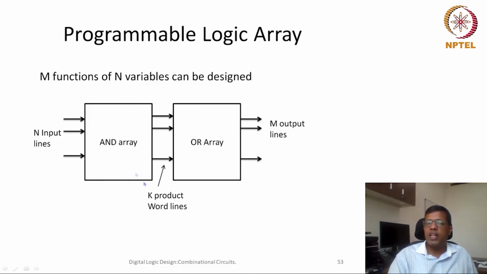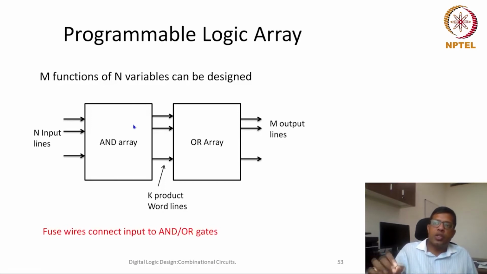Now each of these AND gates can be connected to either the original input or the inverted input. Which would be the actual lines it gets connected to? There are some fuse wires here, and using these fuse wires, we make the connections we would like. Let's say there are three inputs A, B, C. Out of A, B and C, we would like to connect one particular AND gate with A and B bar.